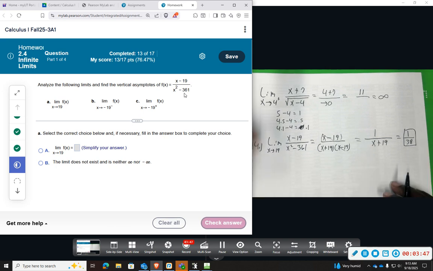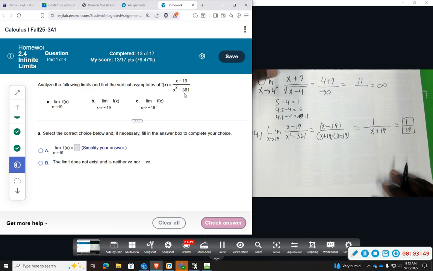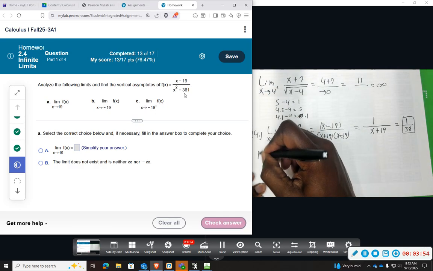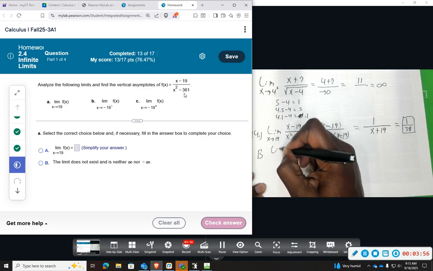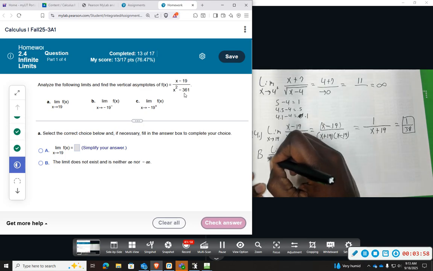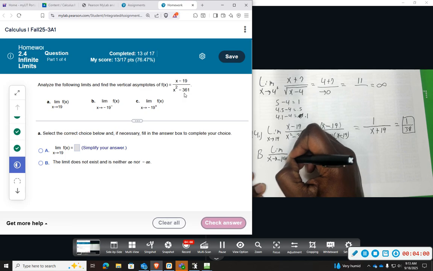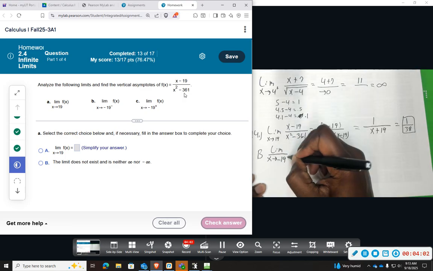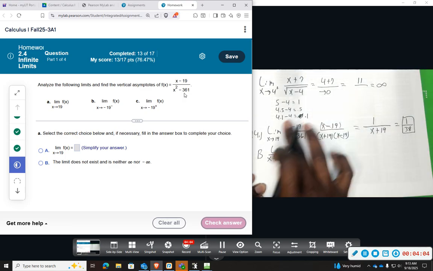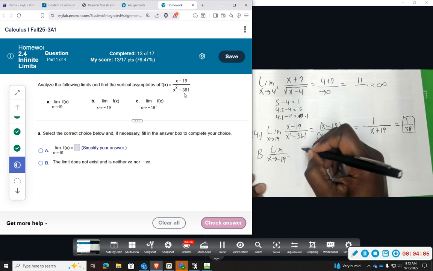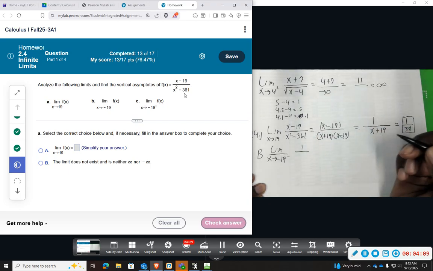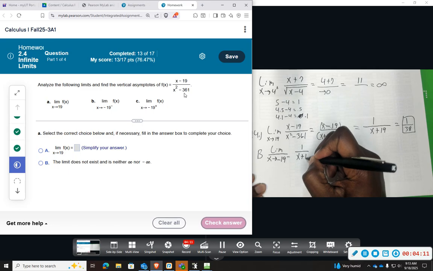And then we have a part B. We want to approach negative 19, and we're approaching negative 19 from the left. It's the same function, so I'm just going to go to the reduced form, 1 over x plus 19.